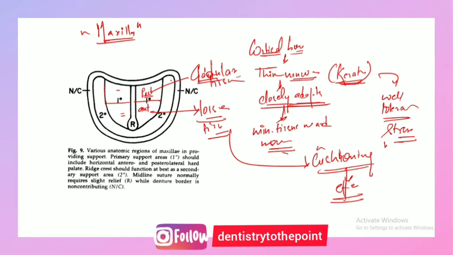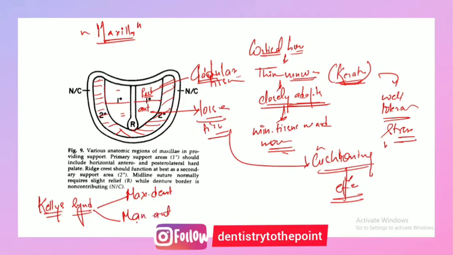It is not considered an effective area for primary support because, for example, in cases of combination syndrome, or Kelly's syndrome, you have given a maxillary denture with mandibular anterior natural teeth, right?